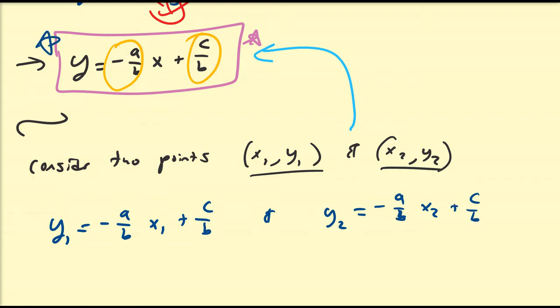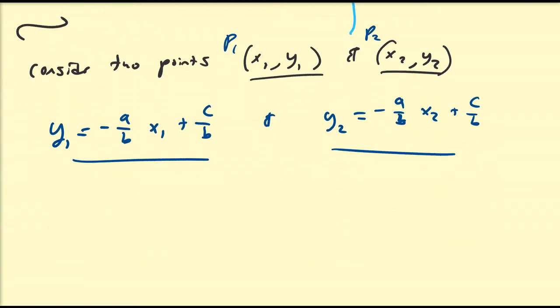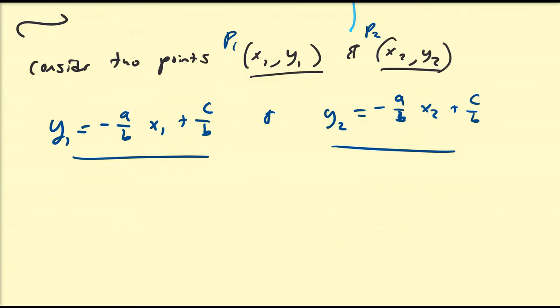This is an equation of a line, and I want the equation of the line that passes through these 2 points, P1 and P2. If that is the case, then both of these equations must be true. So what do I have? The slope between these points P1 and P2, as we already know, is going to be (y2 - y1) divided by (x2 - x1).